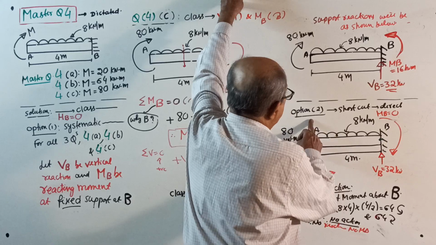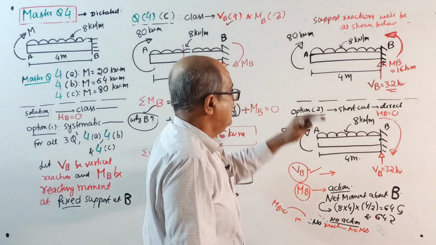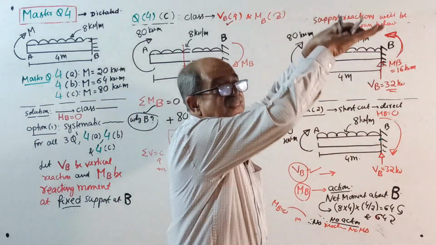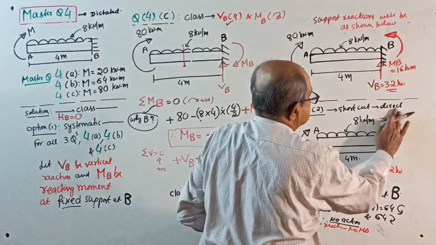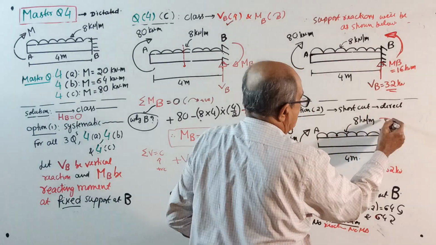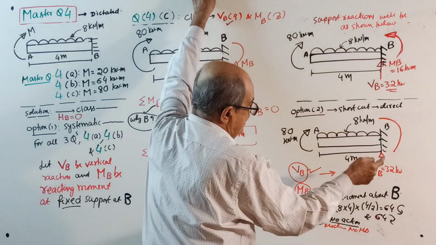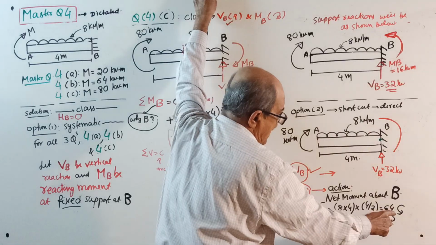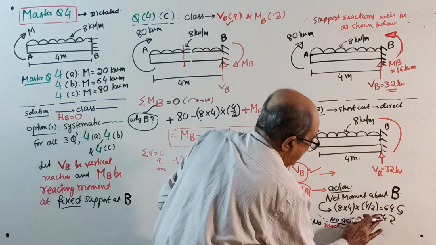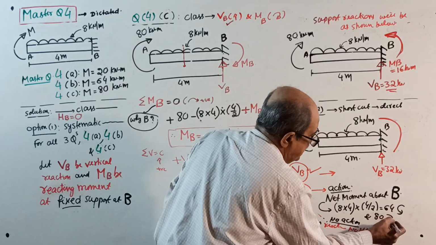Okay, now option 2, shortcut. See there. VB, sorry, 8 into 4, 32 down, reaction 32 up, you write. Okay, now MB, action about B: you have to take 8 into 4 into 4 by 2, anti-clockwise 64 and clockwise 80. No distance, remember, 80 is clockwise.